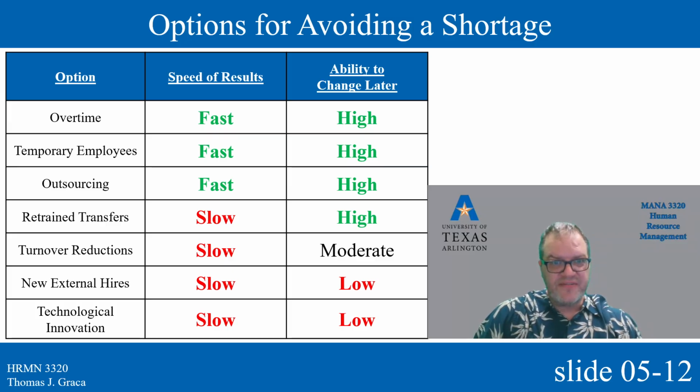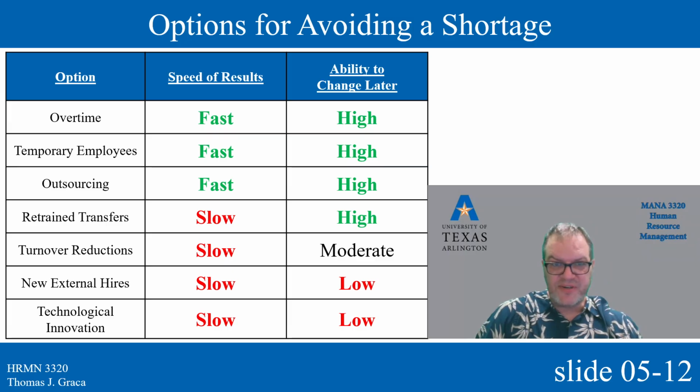Another strategy for avoiding a shortfall are turnover reductions. Turnover reductions could include things like retention bonuses, paying employees in a particular area a one-time bonus to stay on for another month, another quarter, another whatever.